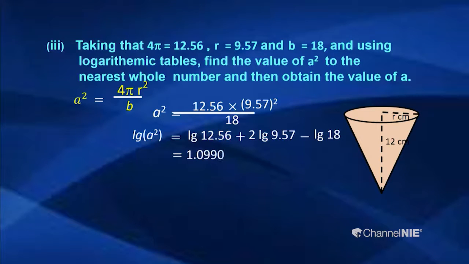Log value of 12.56 is 1.0990. You can find that value by the log table, right? You have to refer to the log table, then you can find that value. And next step, 2 multiplied by 0.9809. What is 0.9809?